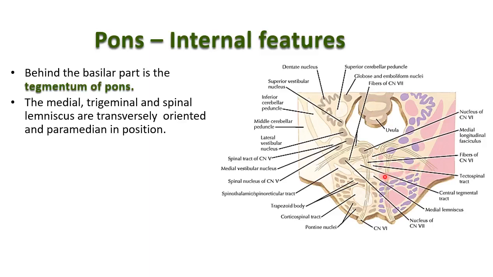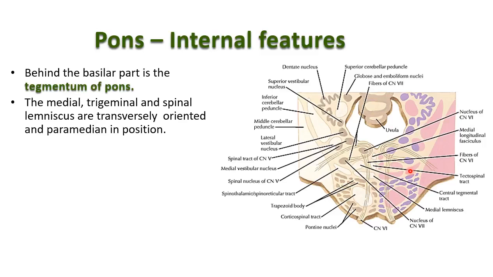So what is the medial lemniscus? This is the crossed internal arcuate fibers, carrying discriminative touch and proprioceptive information. Then the trigeminal lemniscus mainly carries the fibers of the spinal nucleus and tract of the trigeminal nerve.